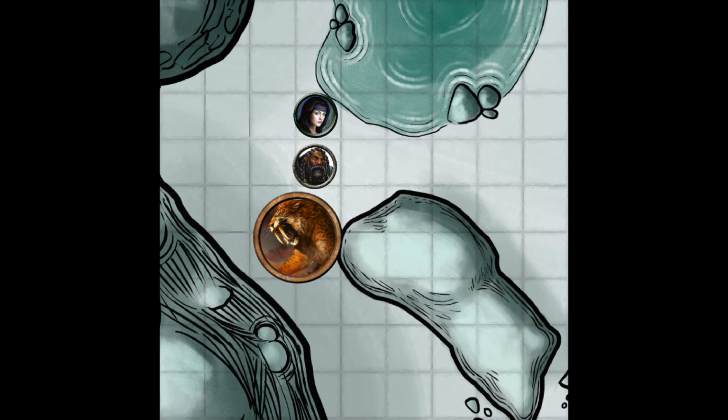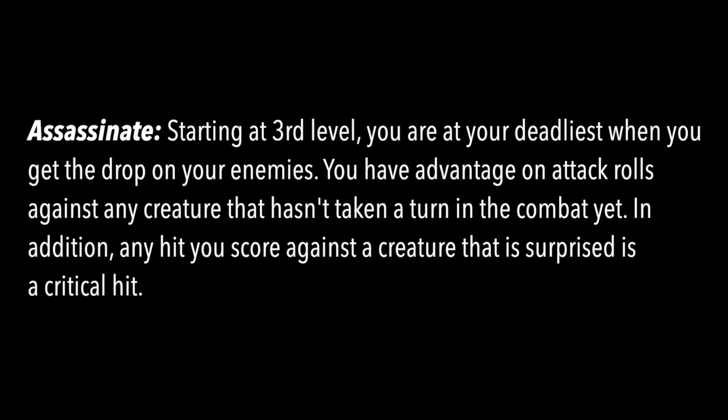And look at the Assassin Rogue's signature class feature, Assassinate. "Starting at 3rd level, you are at your deadliest when you get the drop on your enemies. You have advantage on attack rolls against any creature that hasn't taken a turn in combat yet. In addition, any hit you score against a creature that is surprised is automatically a critical hit."